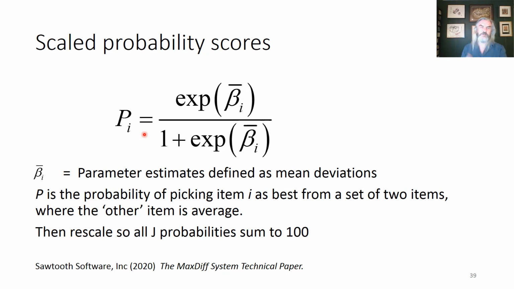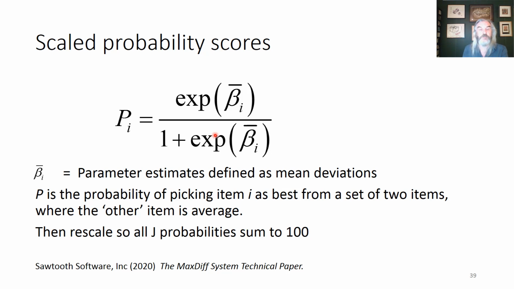What the people who developed the scale probability scores suggest is that once you've created your set of these probability scores across, let's say, our 8 items, you then just rescale them all so they sum up to 100. There's no guarantee that across the items these probabilities are going to add up to 100, or to 1, or any particular number, because each is simply the exponential of a coefficient divided by 1 plus.